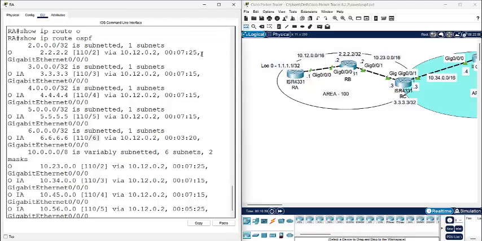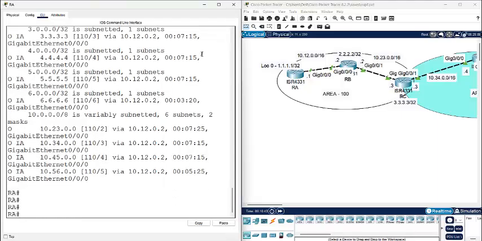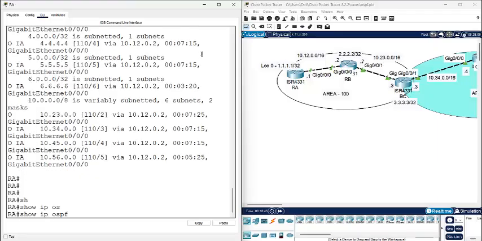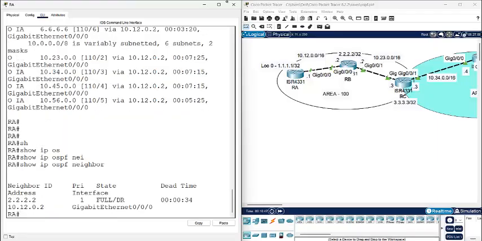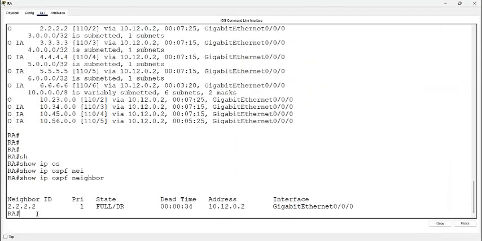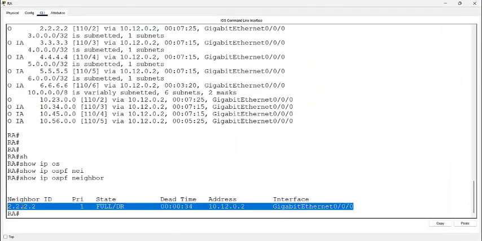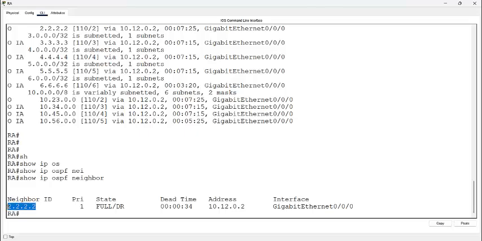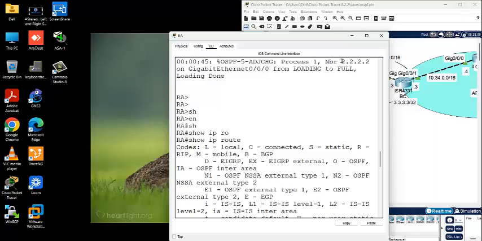Okay. So we can type this command to check the neighbor. Show IP OSPF neighbor. This shows who the neighbor is. You can see that router 2 is a neighbor. See, this is the router ID of router 2. I told you the router ID is dynamically picked.